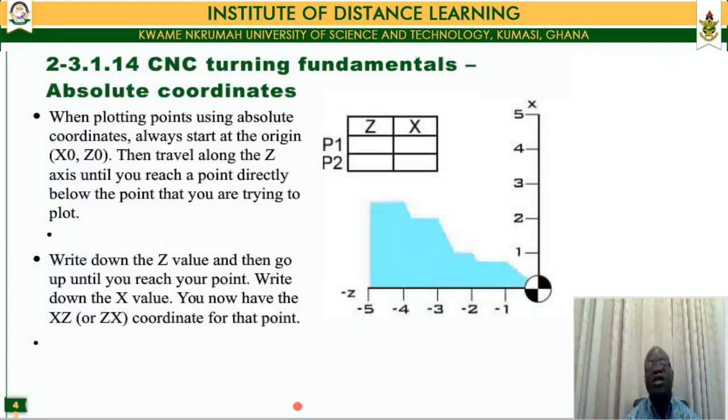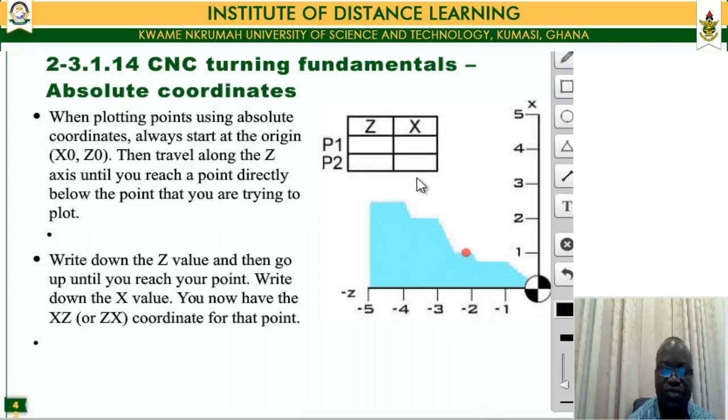Now we have absolute coordinates system. Now let's just basically use this drawing here to try to fill out these P1 and P2 in the lines.